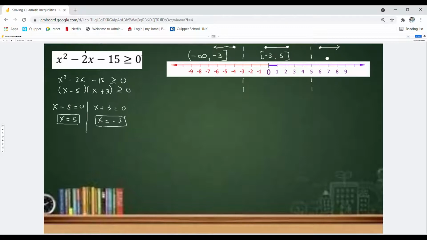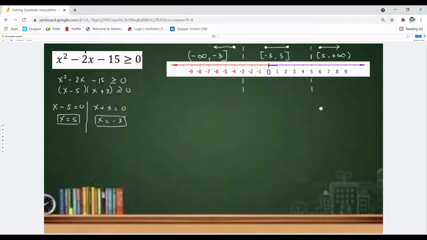So it's a closed interval. Here you can have closed 5 and then positive infinity, open, because we don't know where it ends.